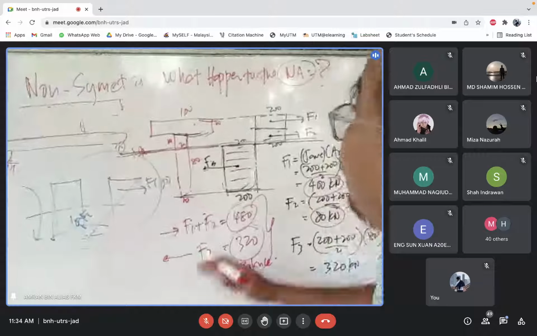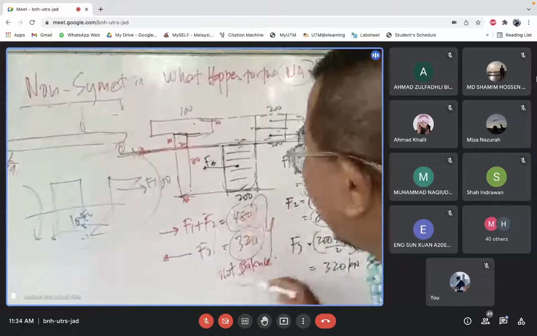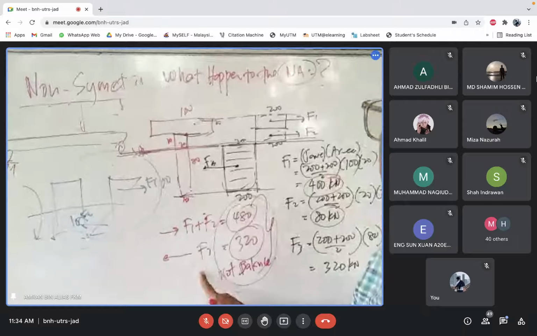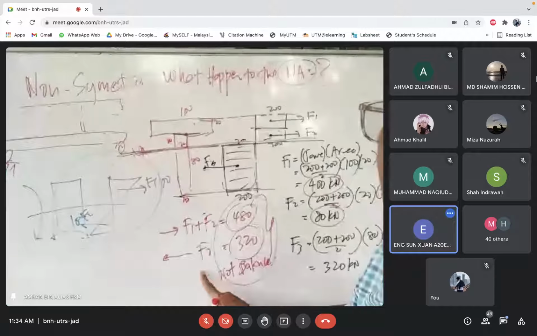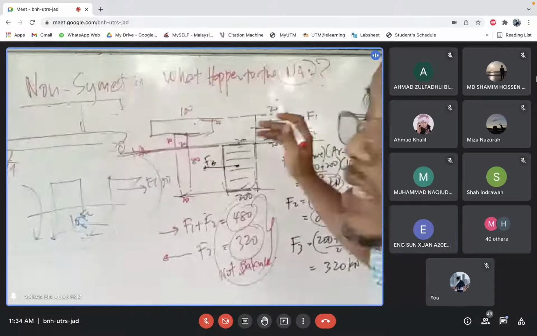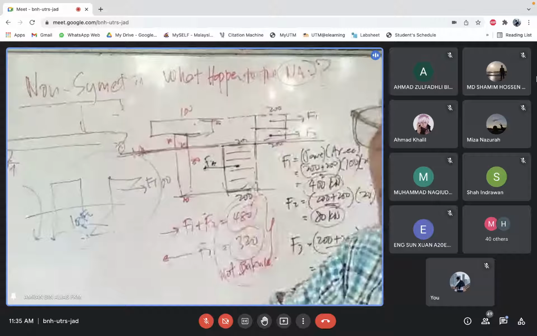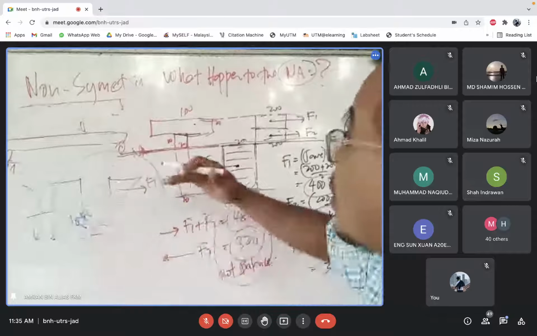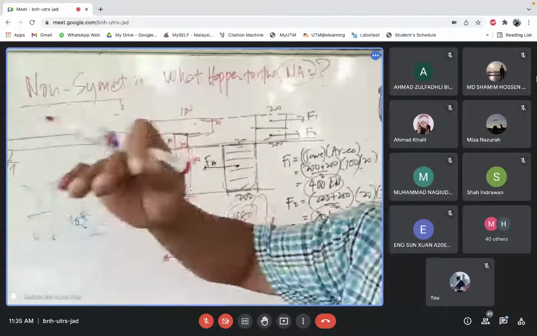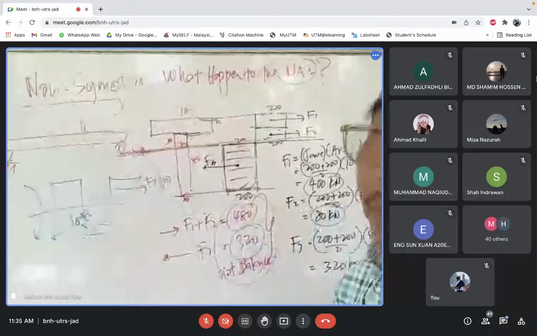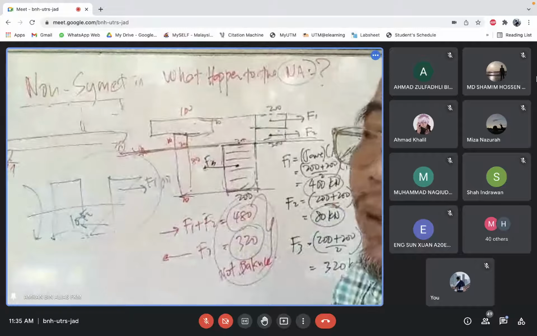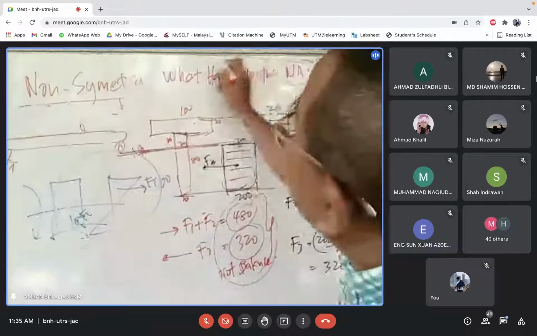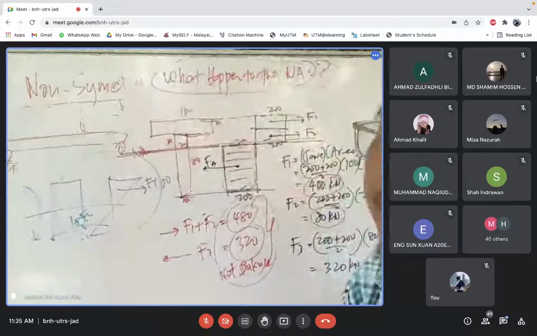Now, when fully plastic, this is not balanced. That means what? The neutral axis moved. The neutral axis does not stay in that position. When going from partial plastic to fully plastic, the position of the neutral axis doesn't stay at 40 anymore. This is what we have to realize.